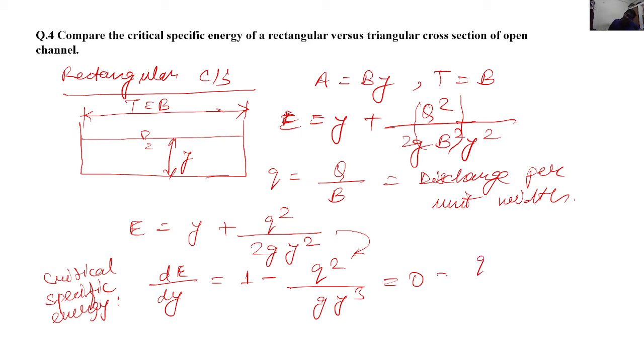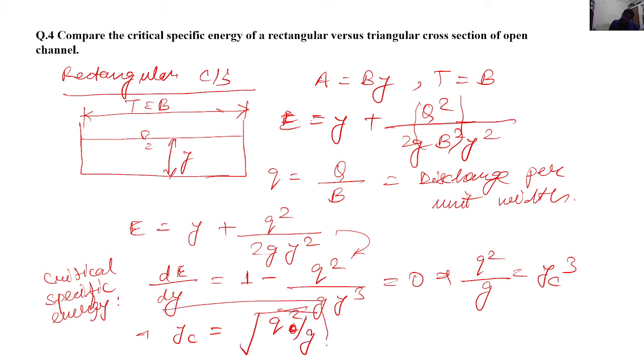So from it we get small q square by g is equal to yc cube. So we get yc as cube root of q square by g. This is a very important expression by the way. So again we can also write yc cube is equal to q square by g.